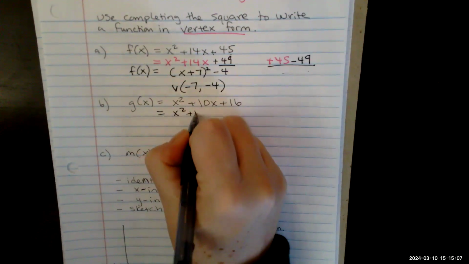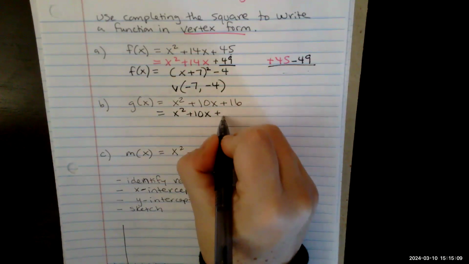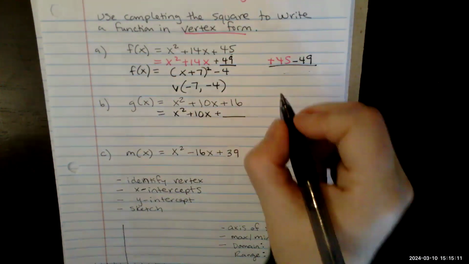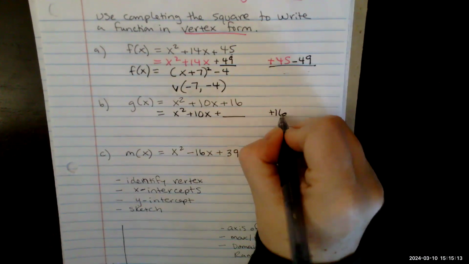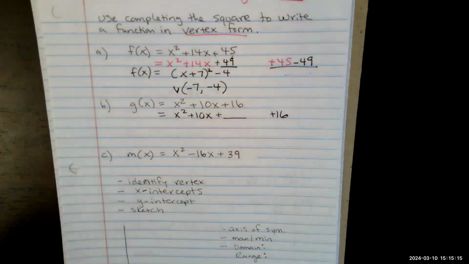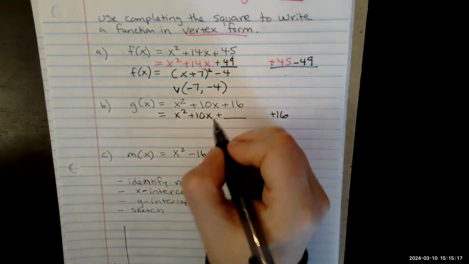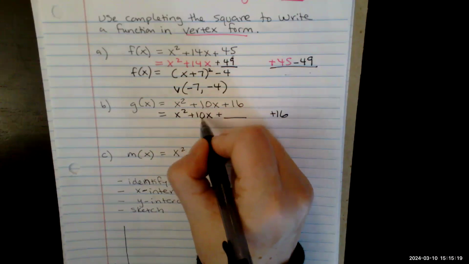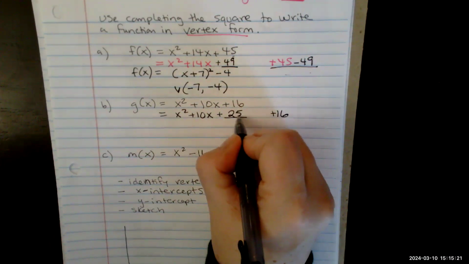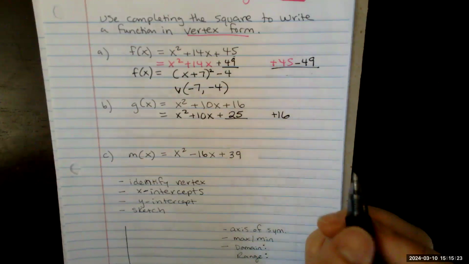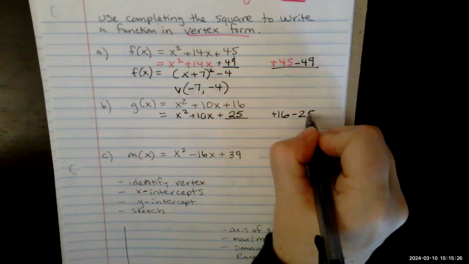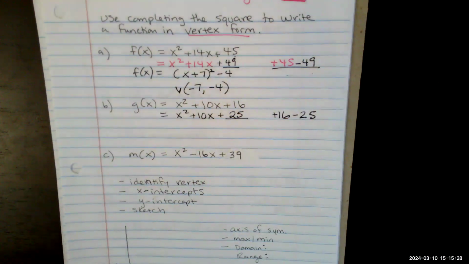X squared plus 10x. I'm going to decide what is the nice number to add. So over here, I'm going to put that plus 16 out of the way. The magic number I want to add is half of this squared. So that's 5 squared, which is 25. But then I have to be fair and undo that since that came out of nowhere.